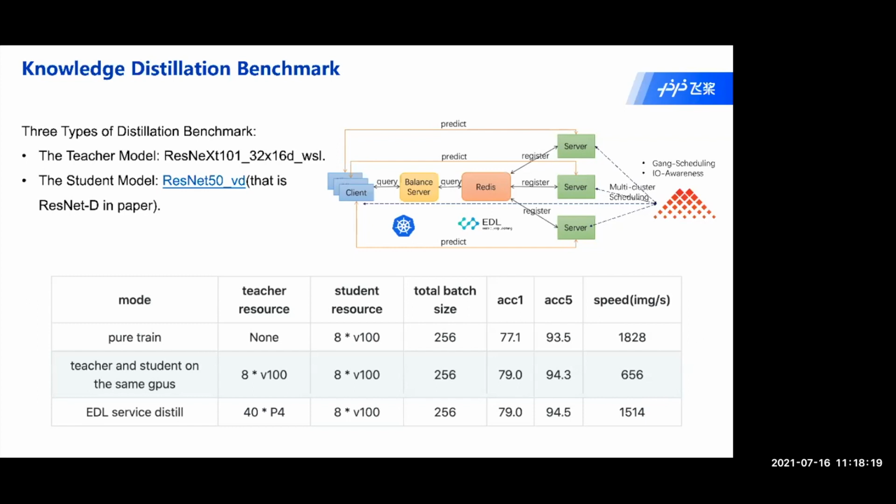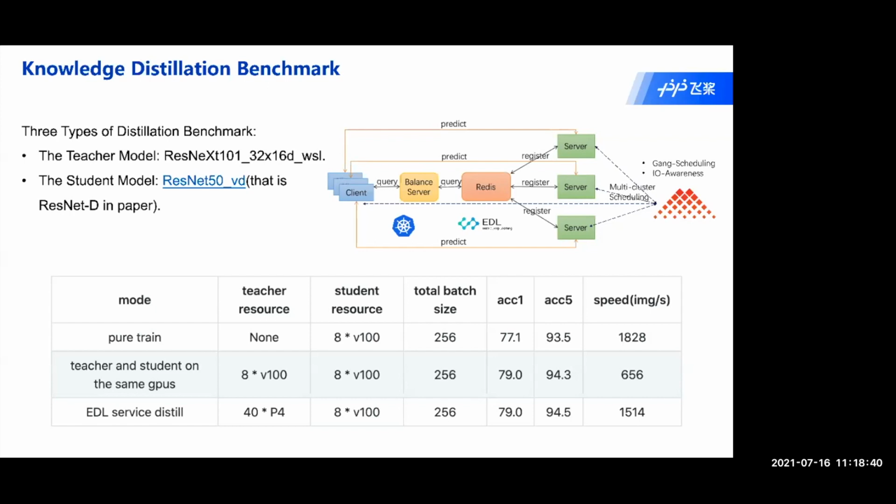And in terms of the training speed, compared with the traditional one, same network distillation training takes up a large part of the computing power due to the teacher model. So the training speed is only 36% of the traditional one with the same training resources.